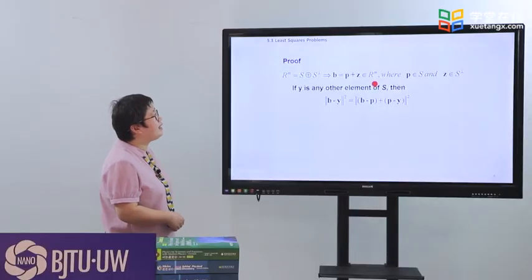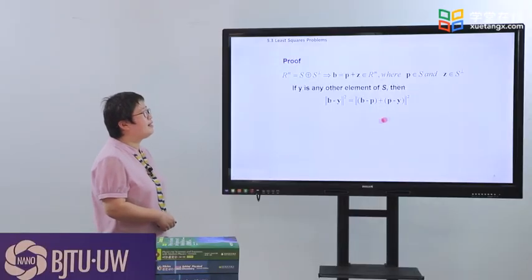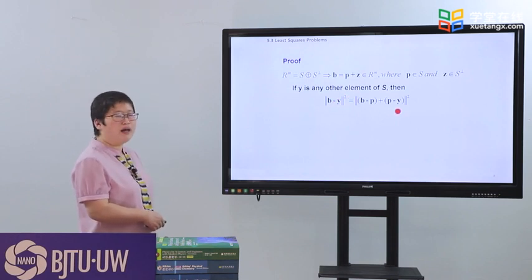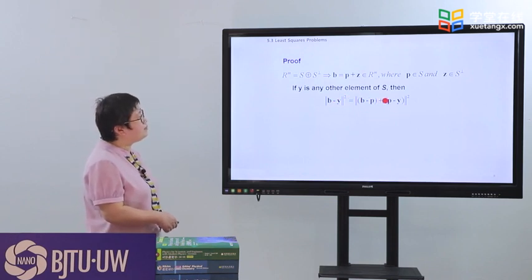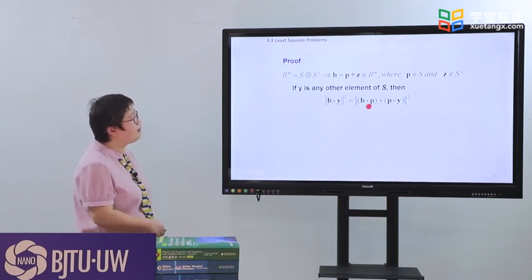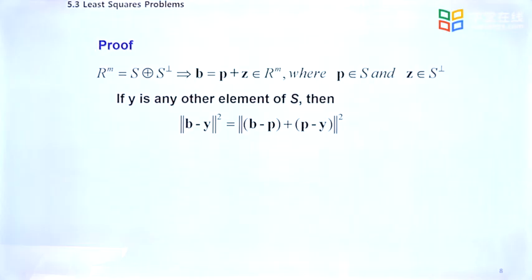If y is any other element of S, then we have the length of b minus y to the power 2 equals the length of (b minus p) plus (p minus y) to the power 2. This is obvious, right? You have minus p plus p here, so they are equal.